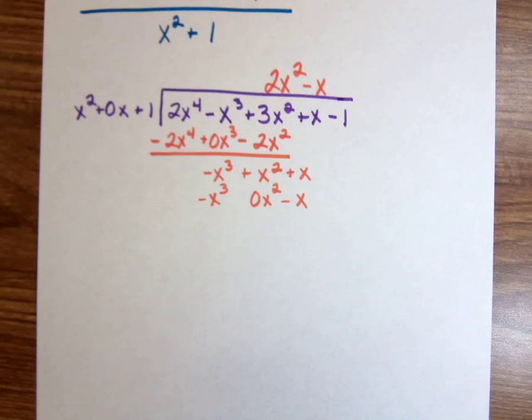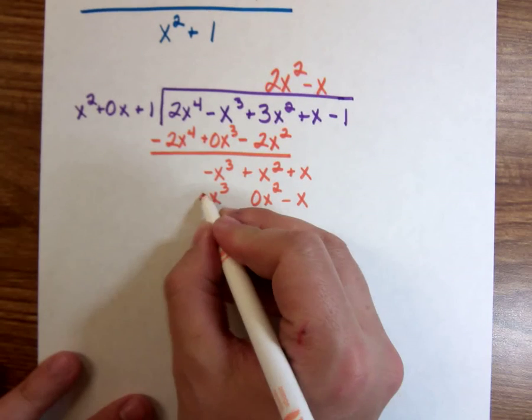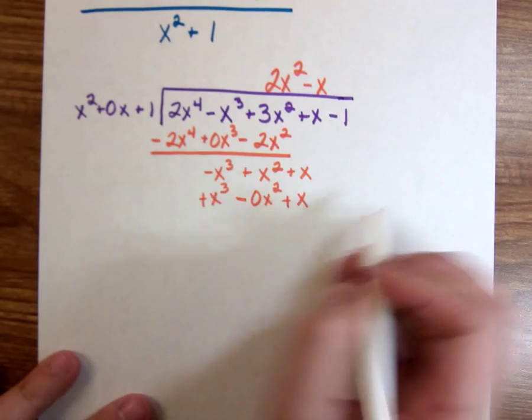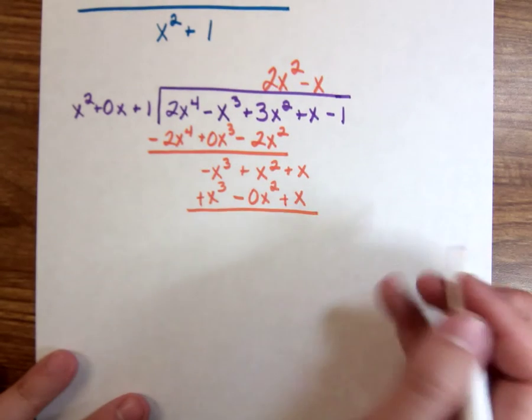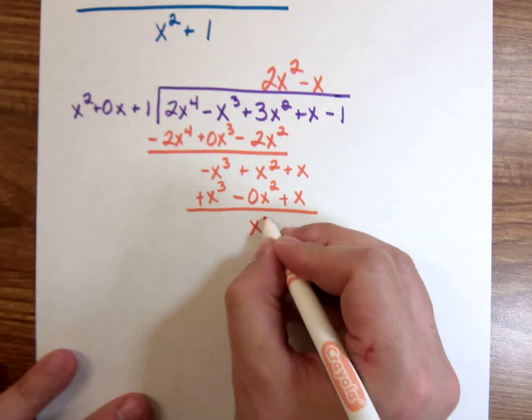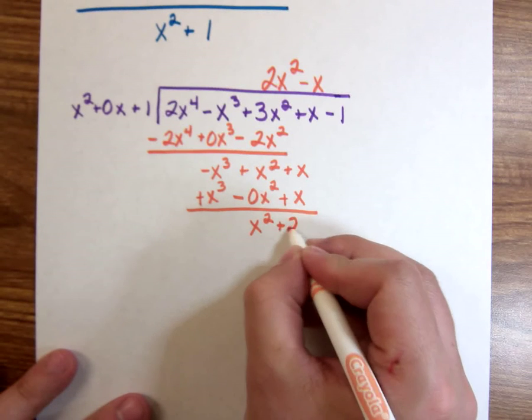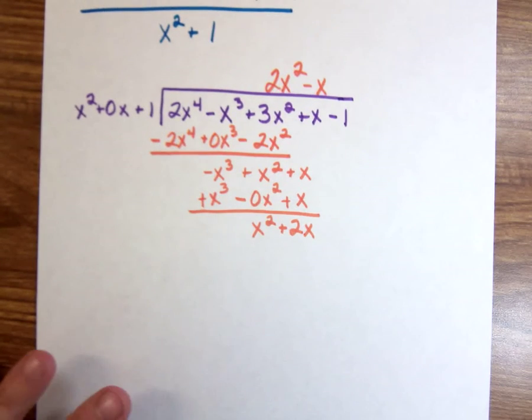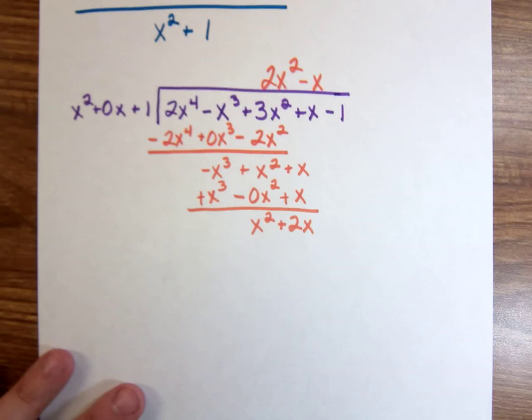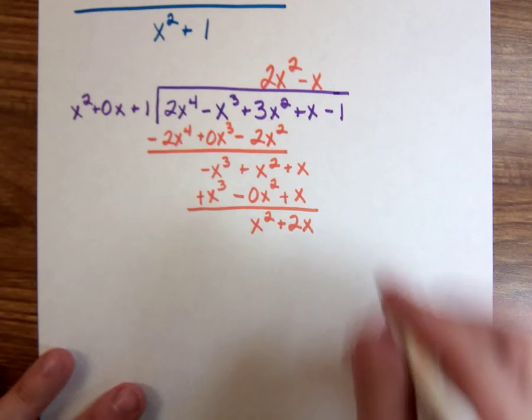And then subtract, which means all my minuses will turn into pluses. And x plus x is 2x. And then bring down the minus 1. Good.